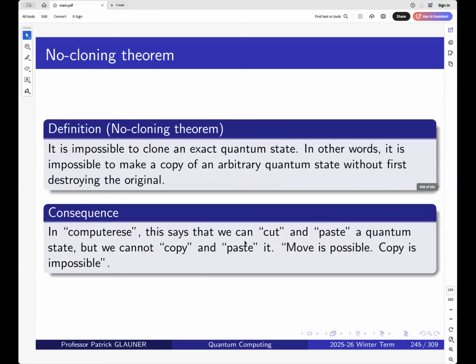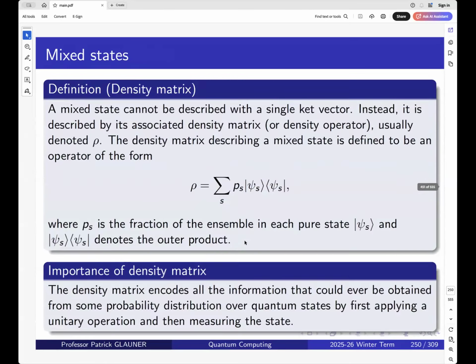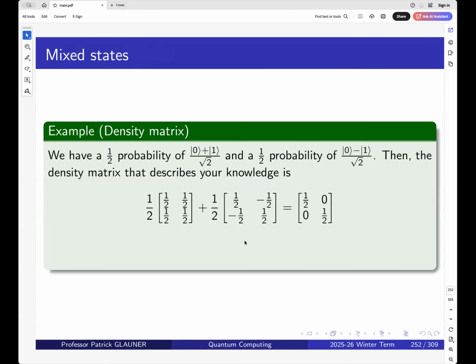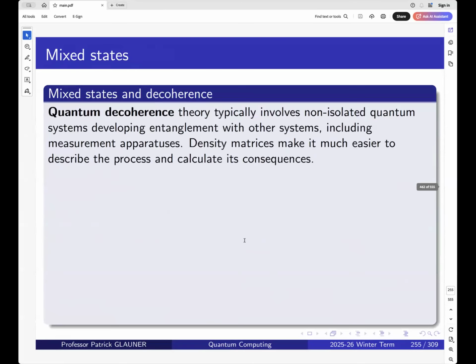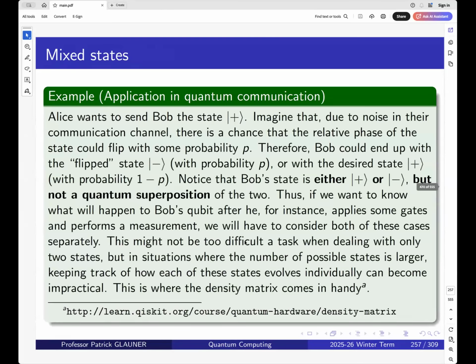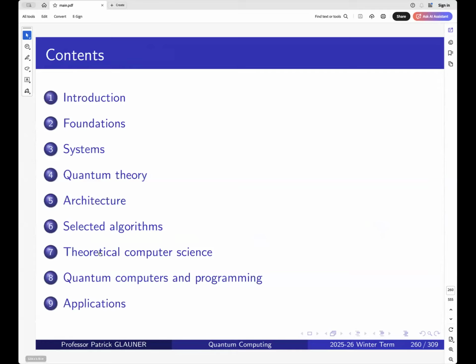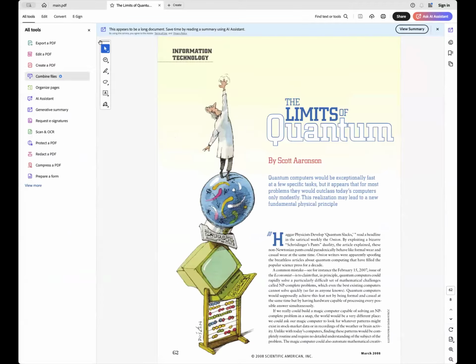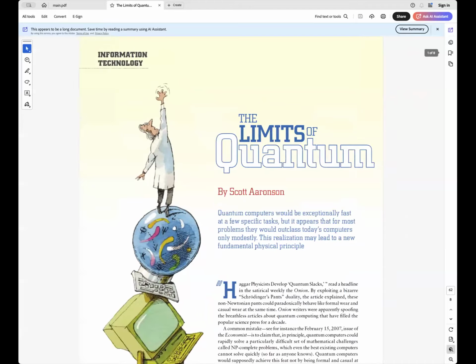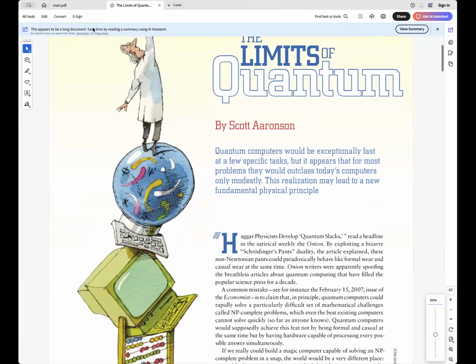And we will also look at the no cloning theorem as well as something called mixed states. And we will explore all of this next week. And next week, we will also look at theoretical computer science. And I asked you before already to read the limits of quantum that I mentioned at the beginning of today's lecture. Read this until next week.